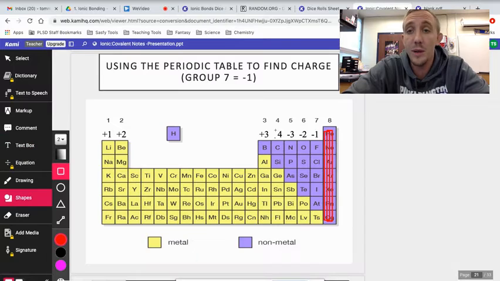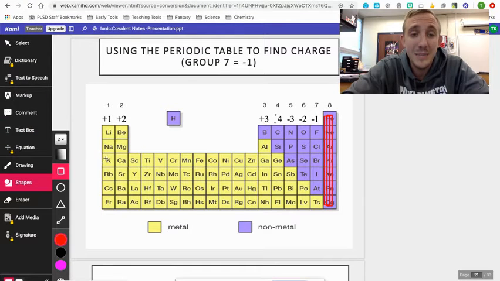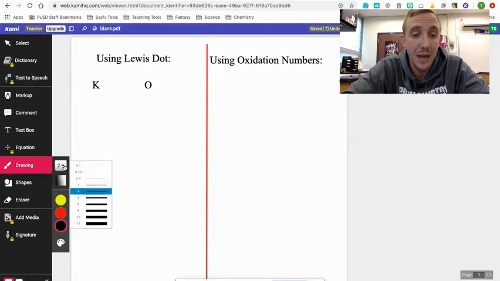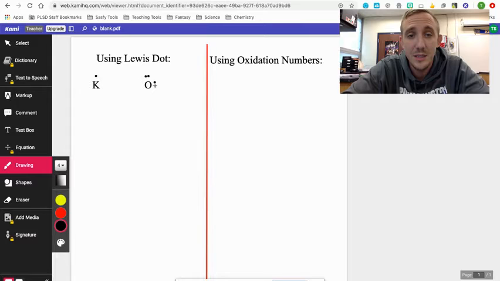And so when I go to my Lewis dot, well, potassium's in group 1, therefore it has 1 valence electron. Oxygen's in group 6, therefore it has 6 valence electrons. So I'm going to go ahead and draw my Lewis dots. I have potassium and oxygen with their Lewis dots based on their valence electrons. Okay, and so just like we did in the Lewis dots, because this is ionic, we show the transfer of electrons.